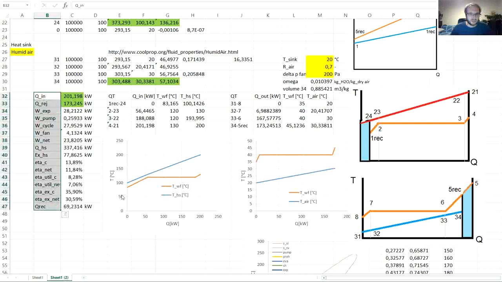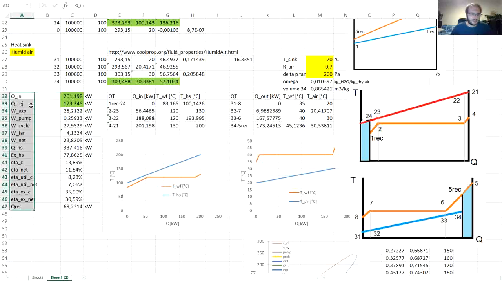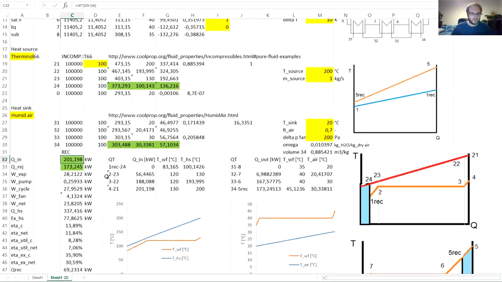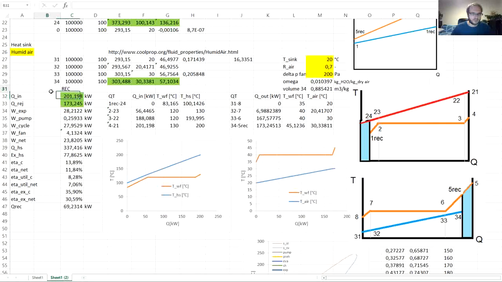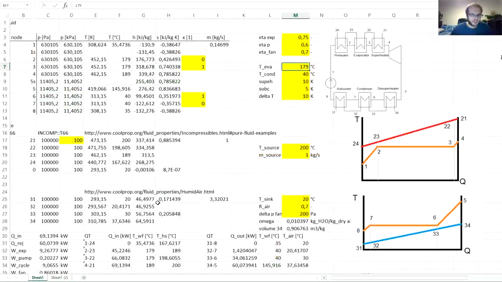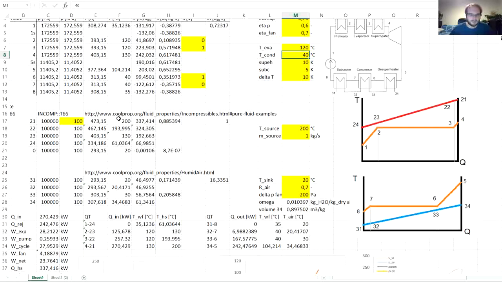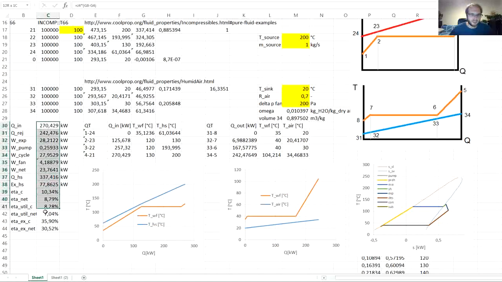Okay, now let's compare the values with the recuperated and non-recuperated state. So this is the recuperated, where we have the evaporation temperature 120 degrees C, and here we will get the values of non-recuperated. So let's also put here in the original model 120 degrees C, so that the boundary conditions are the same, and copy the values.